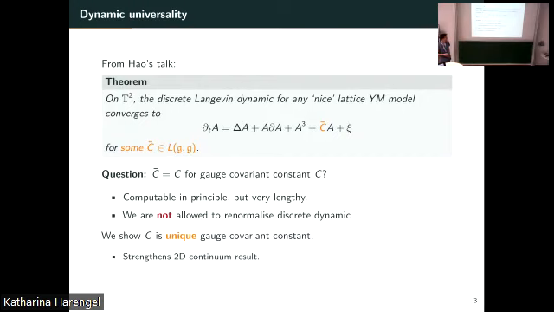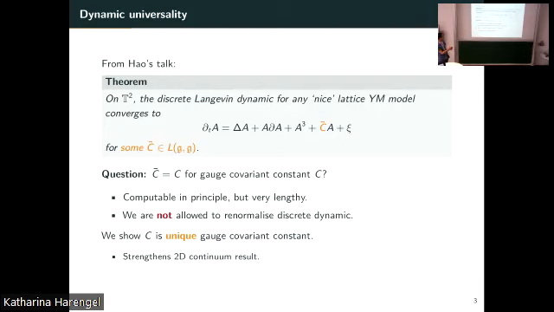Maybe I'll also point out that the Yang-Mills models that we look at on the lattice might a priori impact this C bar, so one actually has to show that this C bar is not impacted by the actual model that you look at.